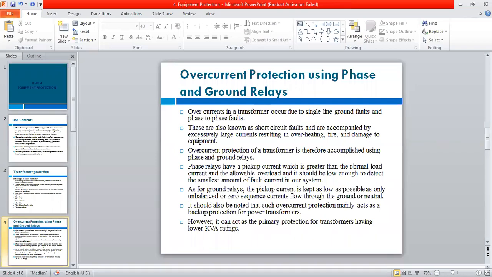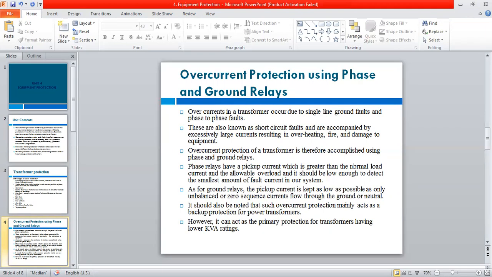But if more current flows through the transformer, or if any fault occurs in the transformer and the current exceeds the pickup value, then the relay will work. The pickup current is greater than the normal load current and the allowable overload.